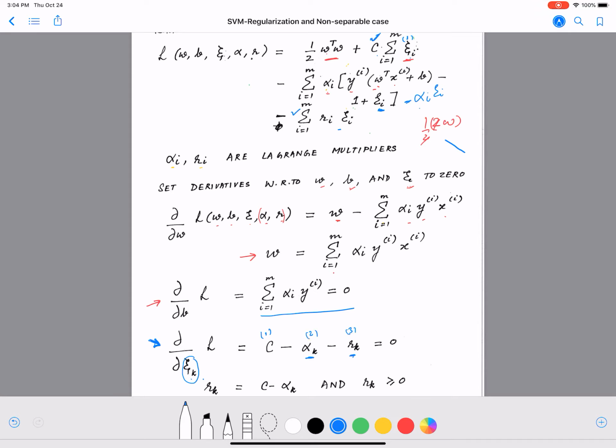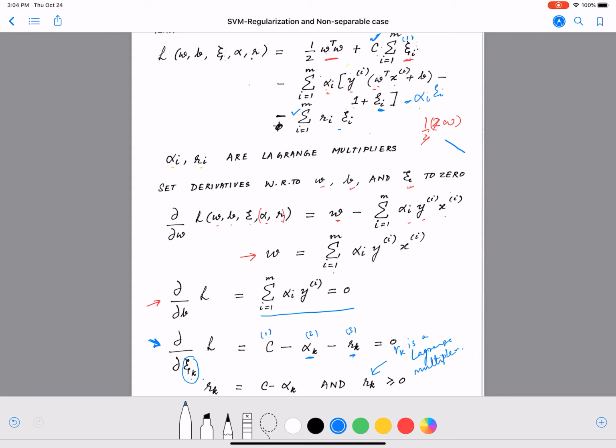So now when we look at this closely, we know that because rk is a Lagrange multiplier, rk is greater than or equal to 0. It should be greater than or equal to 0.